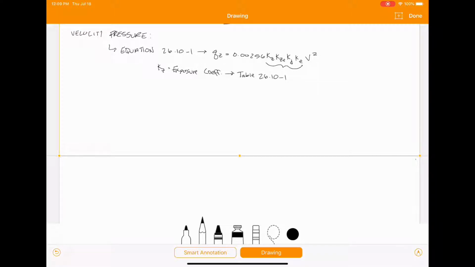And again, this uses z as being your height above the ground at the location on the building where you want to find that velocity pressure. A lot of times you want to find your velocity pressure at the eave, which is where it transitions from the roof to a wall, and so it's going to be that height there. Generally, not always.